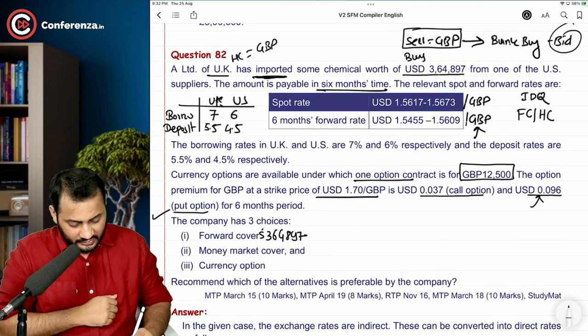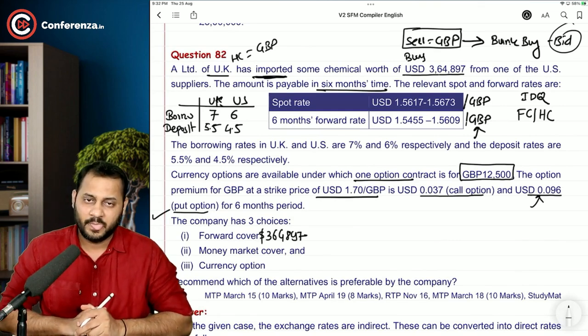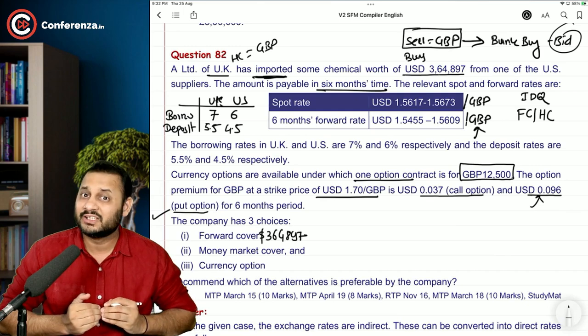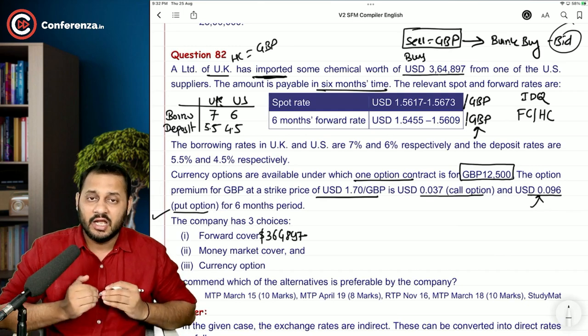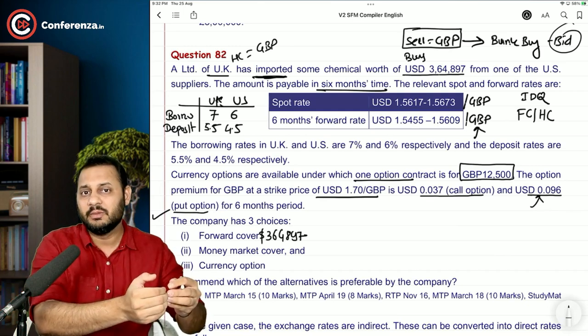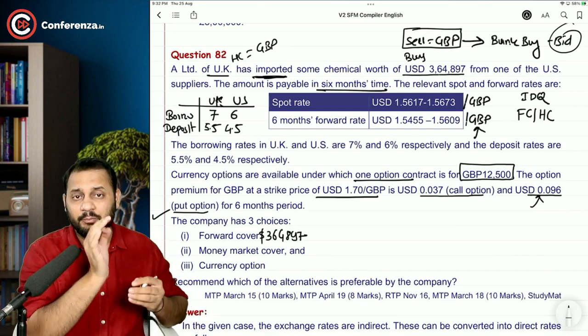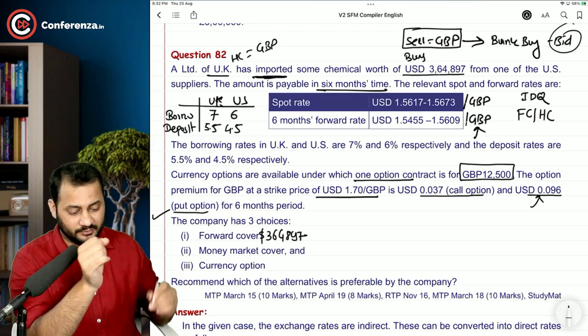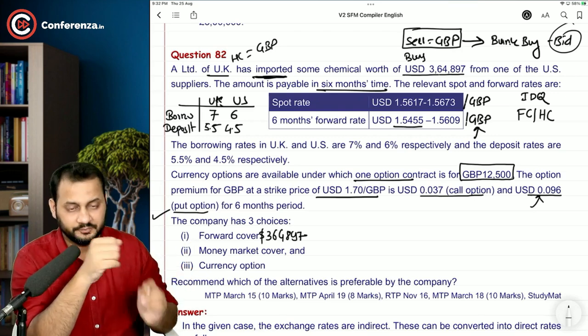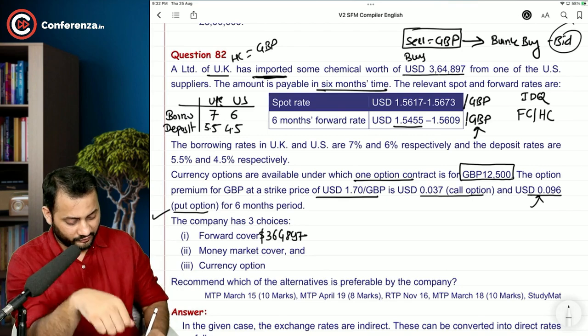$364,897. This is in dollars. Which rate is applicable? You want to buy dollars, but the dollar is not the base currency. You will sell GBP first. Bank will buy GBP. The bid rate is applicable after 6 months. This rate, 1.5455.